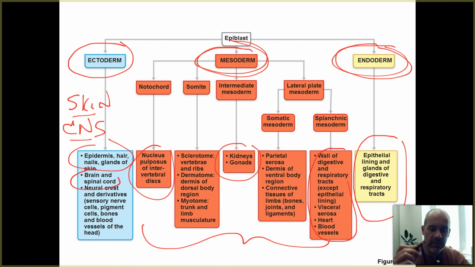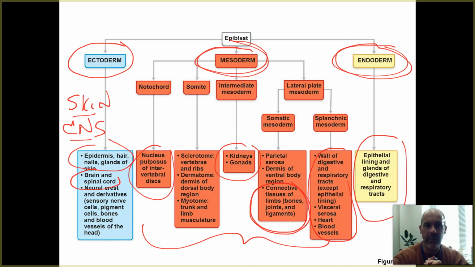Kidneys and gonads, connective tissues, your bones, your joints, your ligaments, skeletal muscles, almost all internal body parts come from the mesoderm.